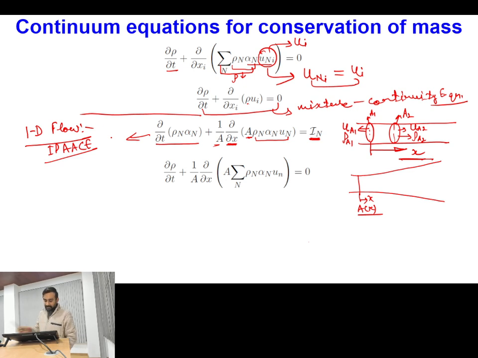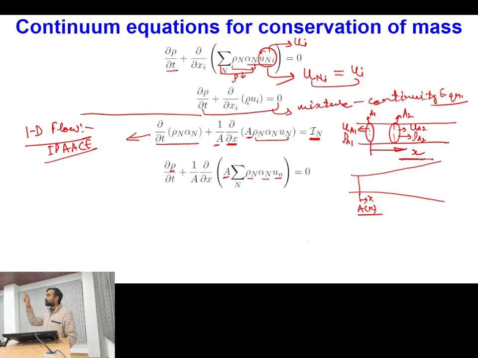If I take the sum of all these individual phase area averaged equations, then what will I get? Summation of all this. In the case of the first term, the summation will simply result in the mixture density rho, plus 1 by A del by del x of area, which is coming out, and inside I have written the summation of rho n alpha n into un, because area A is not phase dependent.